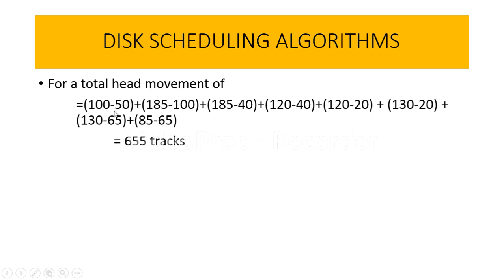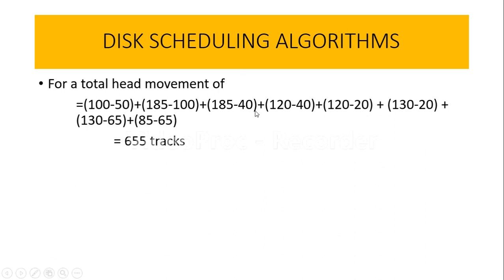Then from 100 it moved to 185, so I am writing 185 minus 100. Now from 185 it is moving back to track number 40. Since we don't have any negative values here, I'll write 185 minus 40 instead of 40 minus 185, which would give negative values.